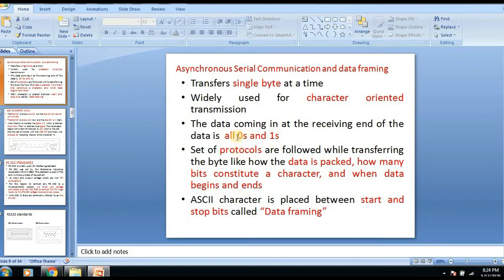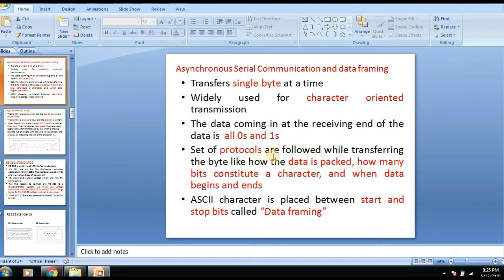Since the data are in the form of zeros and ones, and we are transmitting bit by bit, we need to follow some rules, like how the data is packed, how many bits constitute a character, and when the data begins and ends.